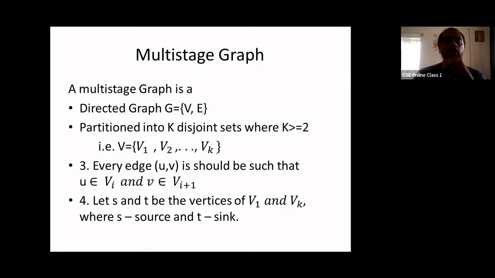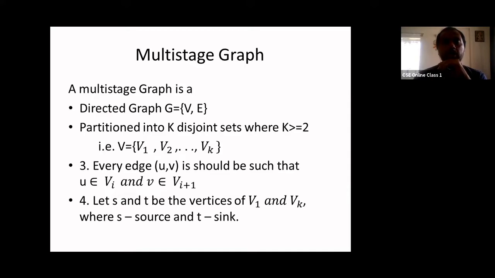A multi-stage graph can be called a directed graph, where every edge is provided with a direction, that is, the origin of the vertex and the end of the vertex. This graph is partitioned into multiple groups of disjoint sets. Disjoint sets means separate vertices in each group.